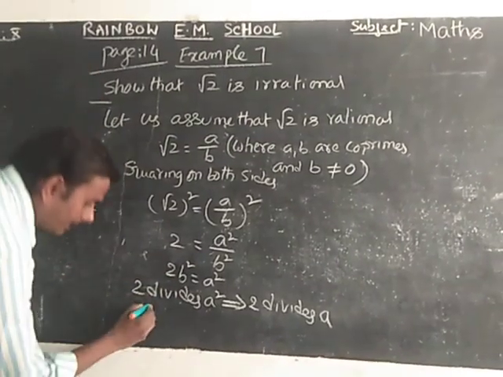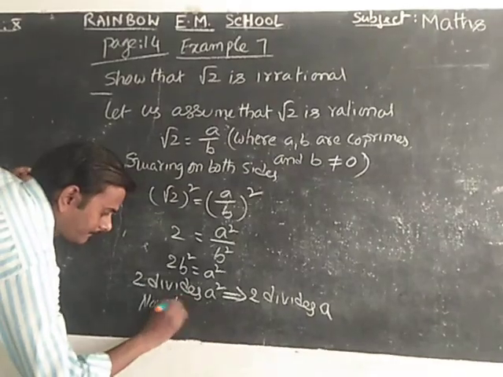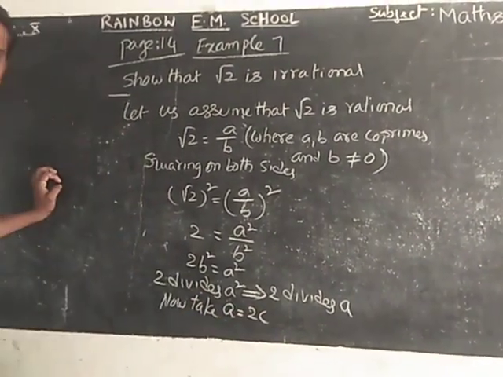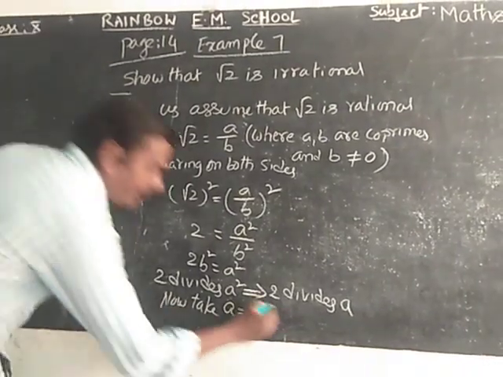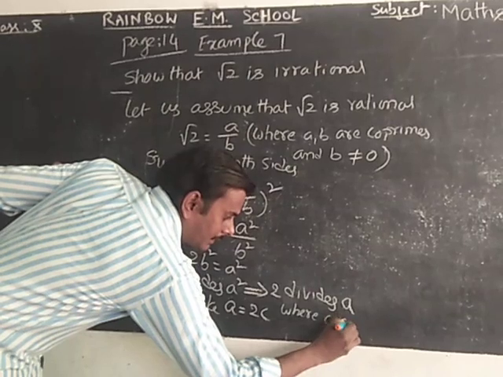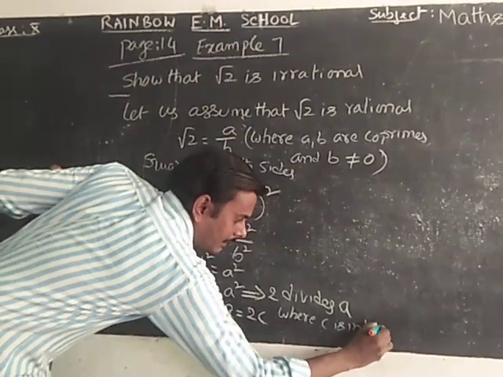So we now take a equal to 2c, where c is an integer.